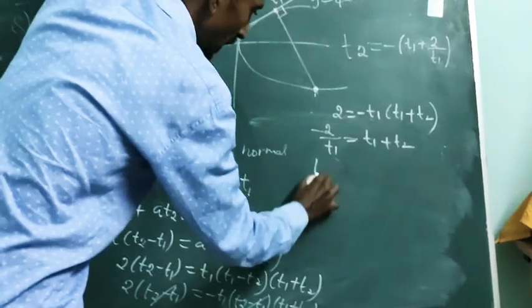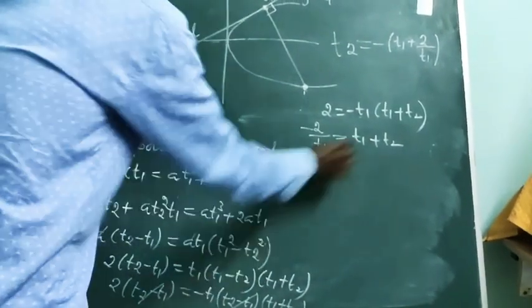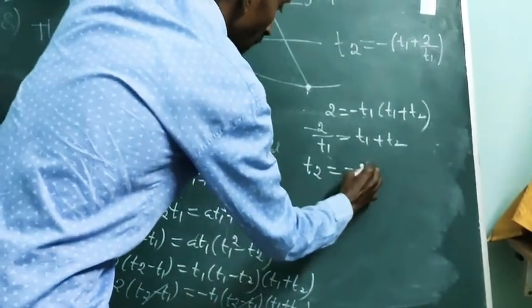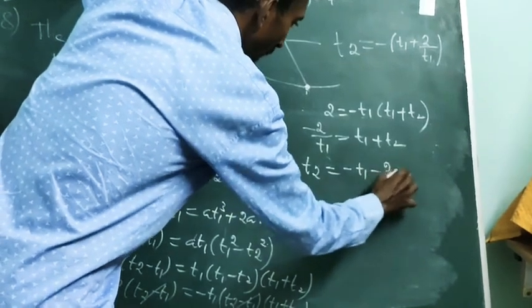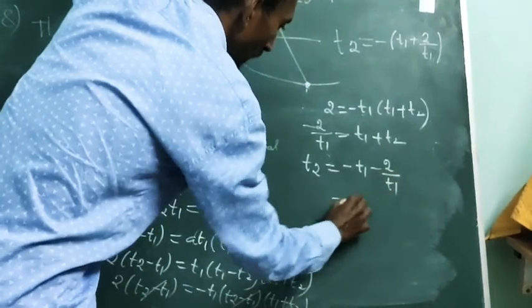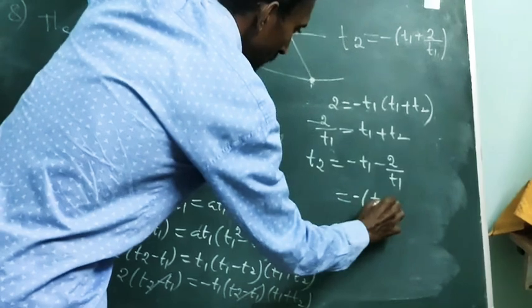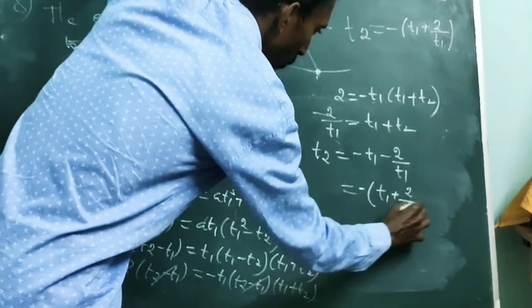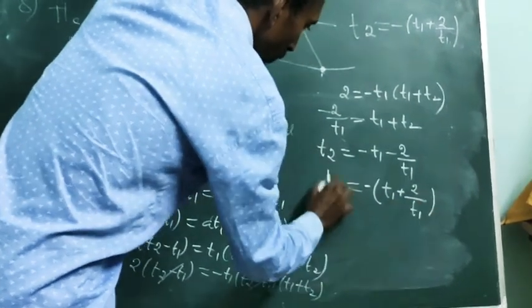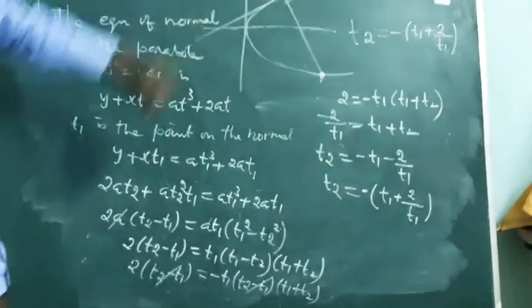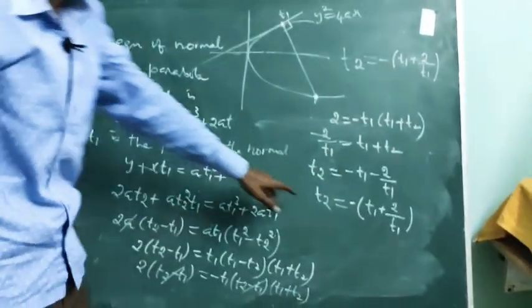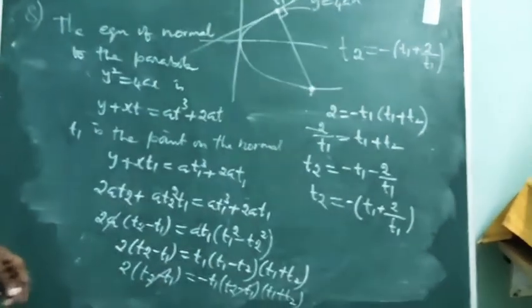So change the side, t2 equal to minus t1 minus 2 by t1. Take minus in common, minus of t1 plus 2 by t1. So that is our aim. Our aim is to prove the relation between t1 and t2 is this one. That is the aim of the problem.